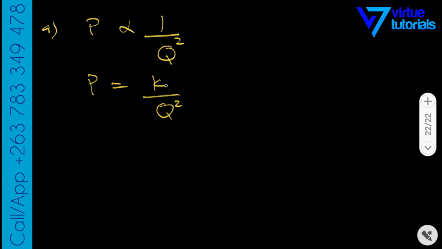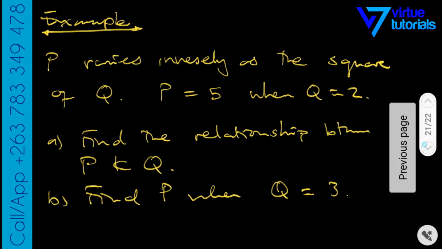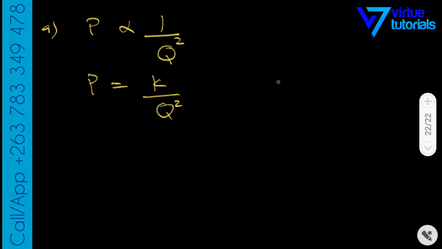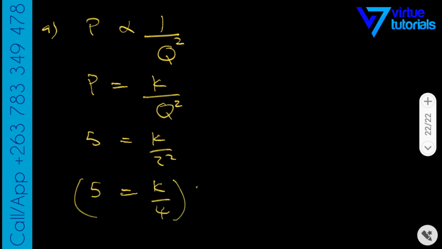Once we have our constant, we want to find the actual value of the constant. And we do that by substituting the values of P and Q. That's 5 and 2. So 5 is equal to K over 2 squared. 5 is equal to K over 2 squared is 4. To remove this 4 from the denominator, you multiply both sides by 4. So if we take it up here, you'll get 20 is equal to K.